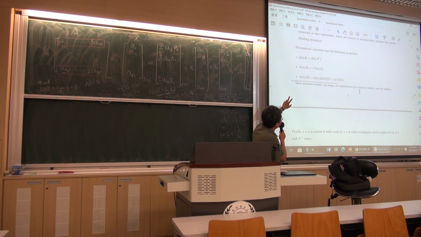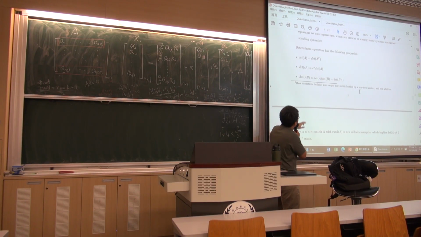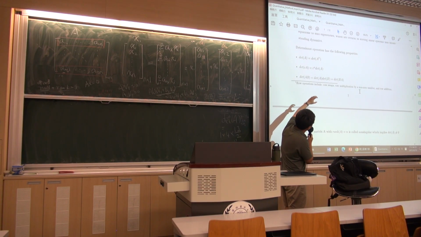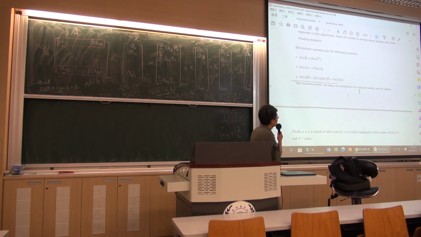You can take the transpose first and then the determinant, and you still get the same thing. And if you multiply by a scalar, then depending on the dimension n of the matrix A, if we want to take the c out of the operation, we have to add the power of n on it.